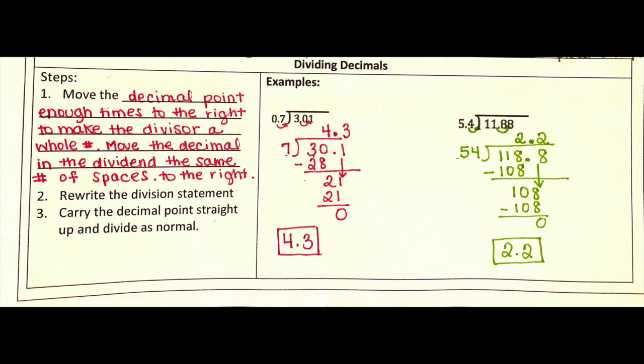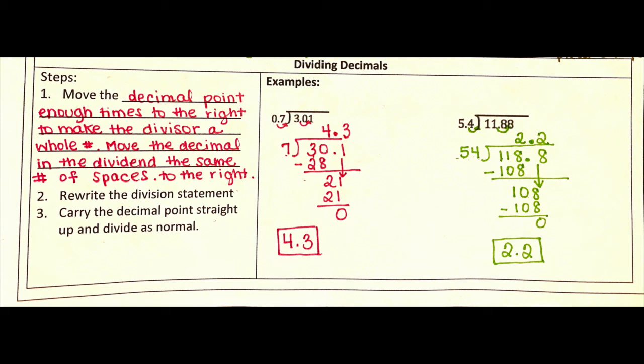And since I'm moving the decimal point 1 spot to the right in the divisor, I'm also going to move the decimal point 1 spot to the right in the dividend and rewrite our problem. So now our problem will be rewritten as 54 dividing into 118 and 8/10.